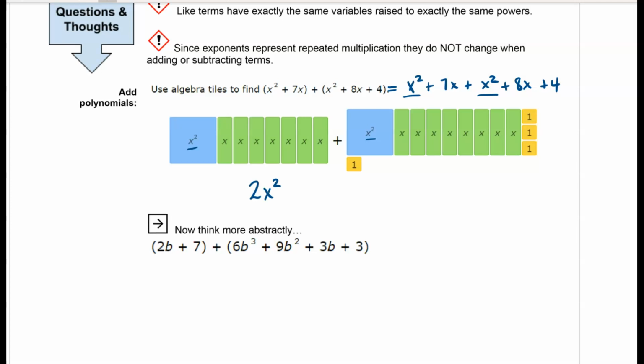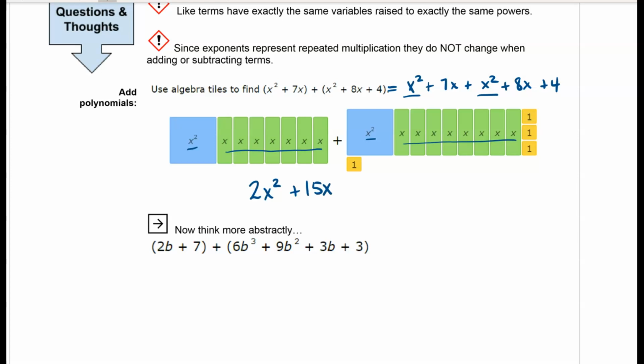In our picture, we can see that we have 7 green rectangles on the left that represent our 7 x's. And in the next expression, we have 8 green rectangles which represent our x's. So altogether, we know we have 7 plus 8 x's, or 15 x's.